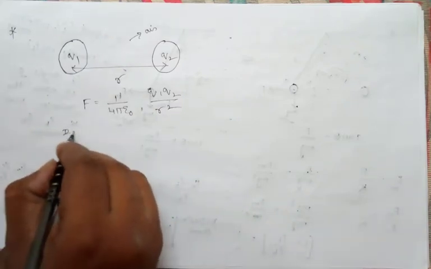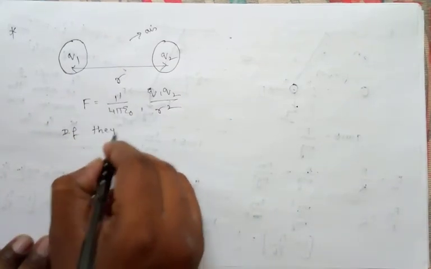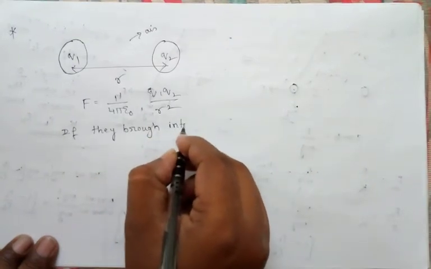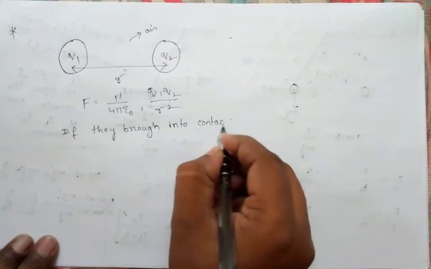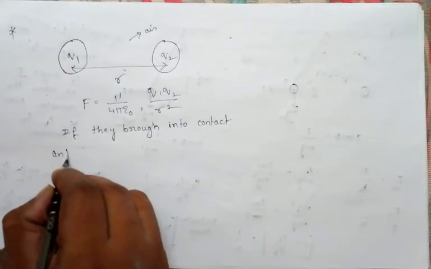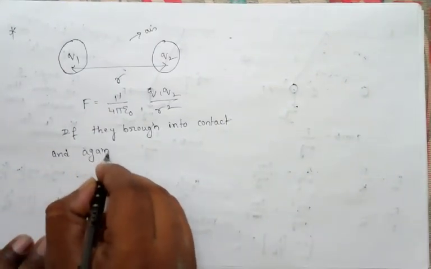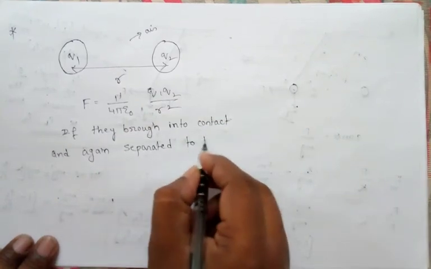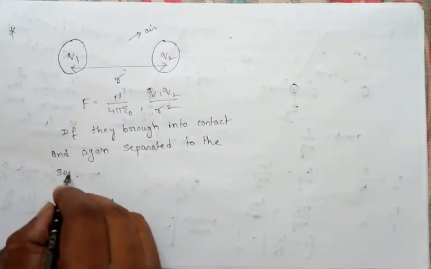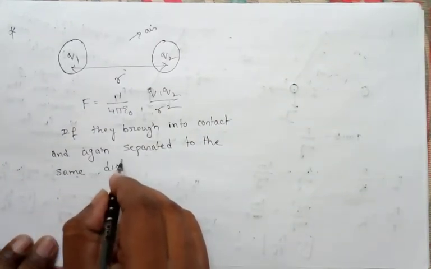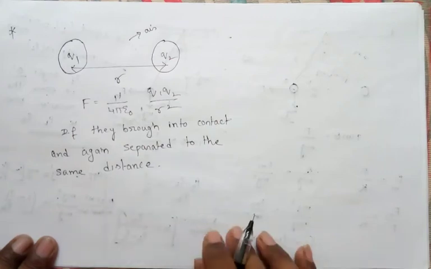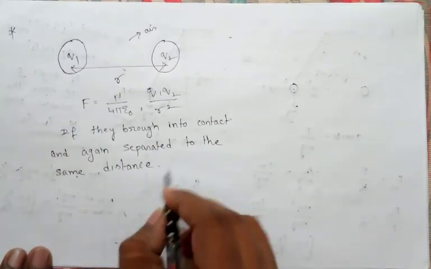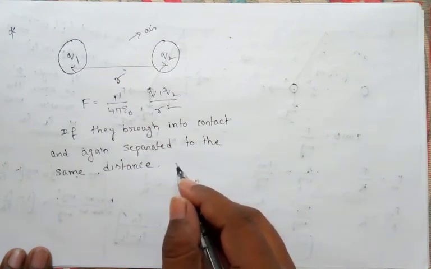So if they are brought into contact and again separated to the same distance, then the new force is F dash.